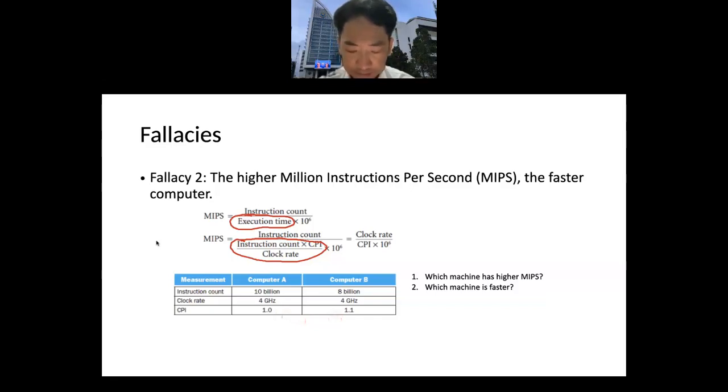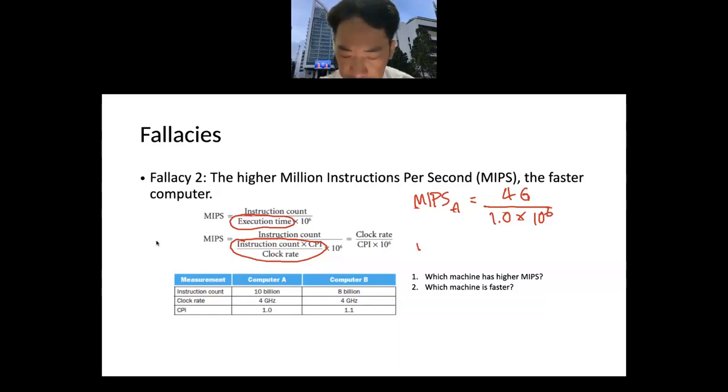To calculate the MIPS, we just substitute the numbers from the table into the equation here. Okay, MIPS for machine A equals clock rate 4 GHz divided by CPI of machine A, which is 1, and then times 10 to the power of 6.